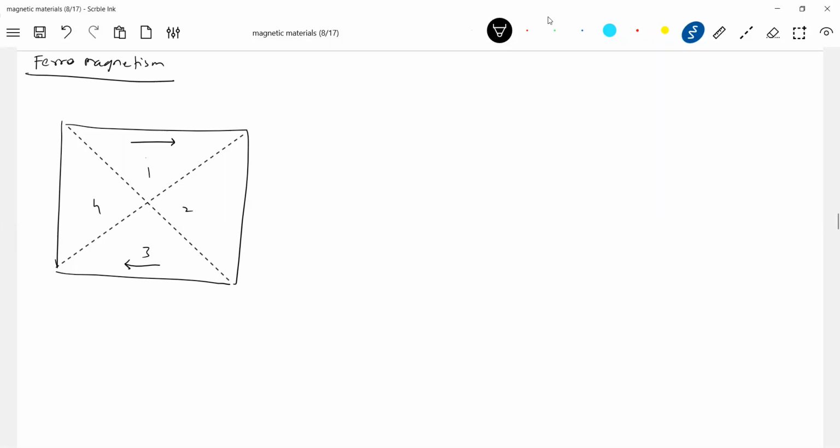What does this arrow indicate? The net dipole moment, M bar. M net equals M1 bar plus M2 bar plus M3 bar plus M4 bar, and it is equal to 0.